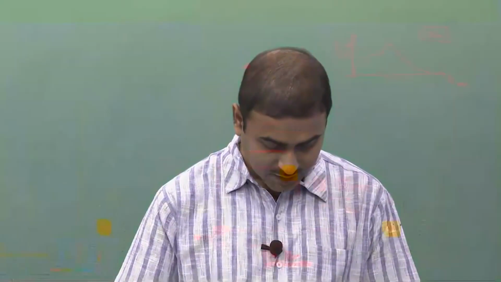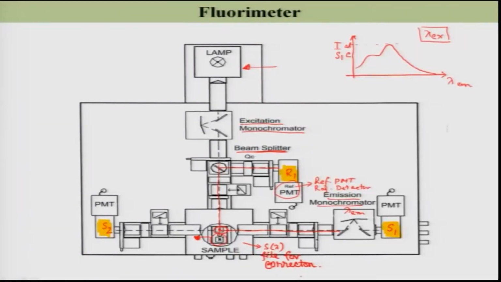So, this is day 1. Next day you come and you start measuring it, you have used S1C, and you use the same lambda excitation, day 2, same lambda excitation, same S1C by R1 you are plotting versus lambda emission.